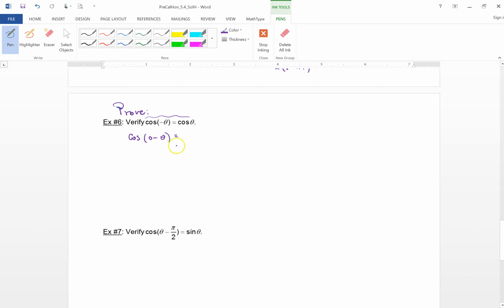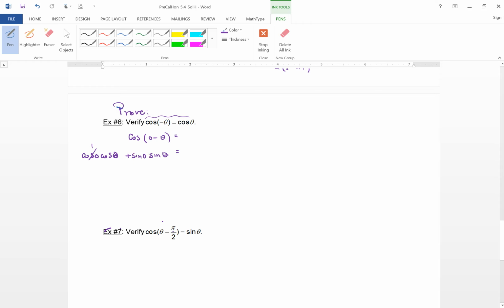So now you have a difference of cosines. We're going to do cosine, cosine, sine, sine, switching the negative to plus. So cosine 0, cosine theta, plus sine 0, sine theta. Now, what's cosine of 0? 1.